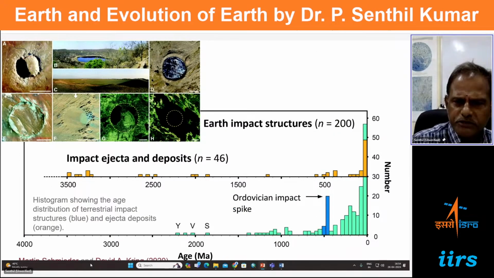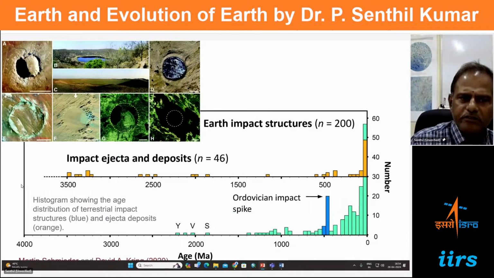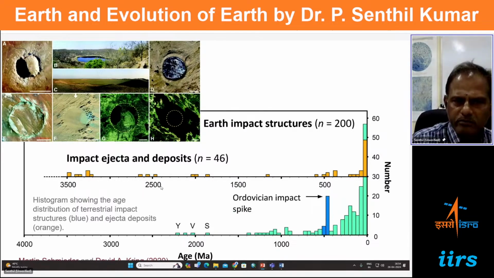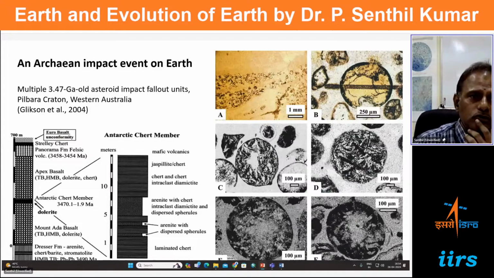So look at this graph, it shows the impact events over a period of time between 3,500 to 2,500 million years ago. There are many impact events also recorded. They are preserved in the rock records. For example, you go to the Western Australia Pilbara Craton, you look at the sedimentary rock record, people found a lot of impact crater materials deposited in between several sedimentary rocks.